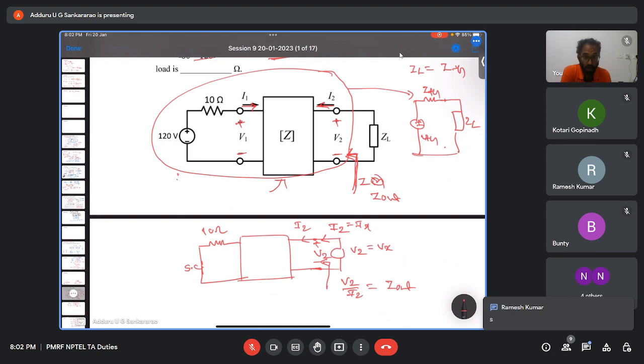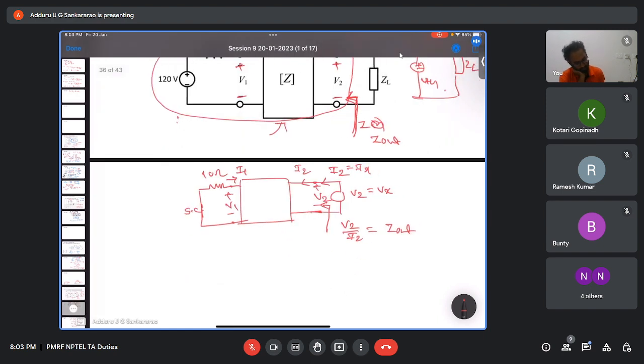Now, how to use those parameters here? Here let us say we have V1 and here we have I1. We need to get V2 by I2, and we have short circuited here.